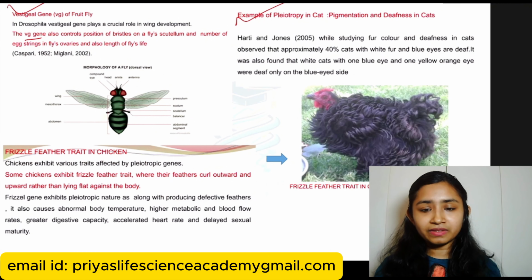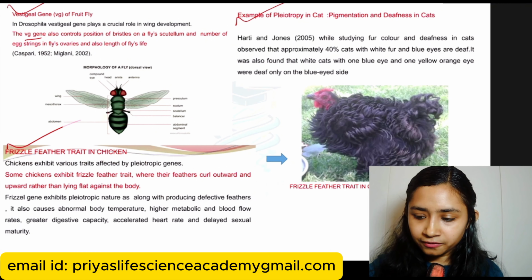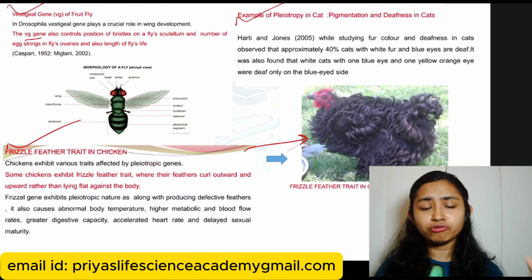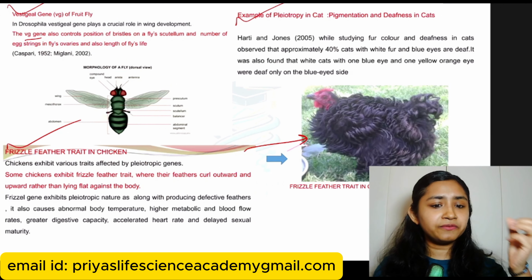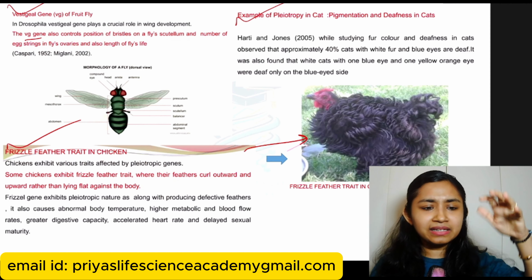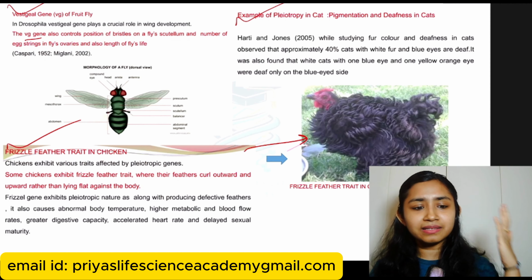Now another example is the frizzled feather in chicken. Chickens exhibit various traits affected by pleiotropic genes. Some chickens exhibit the frizzled feather trait, where their feathers curl outward and upward rather than lying flat against the body.